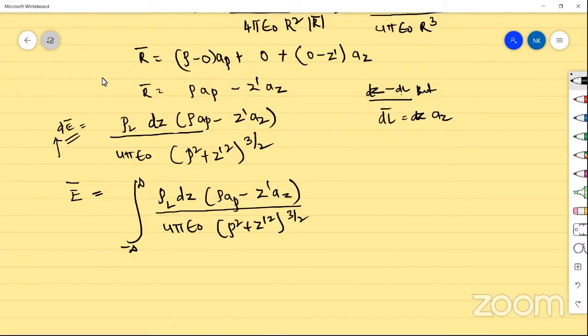So we can simplify it further. What can I write down? What are the constants here? Rho L is a constant. I can bring it outside. Rho L by 4 pi epsilon naught is a constant.